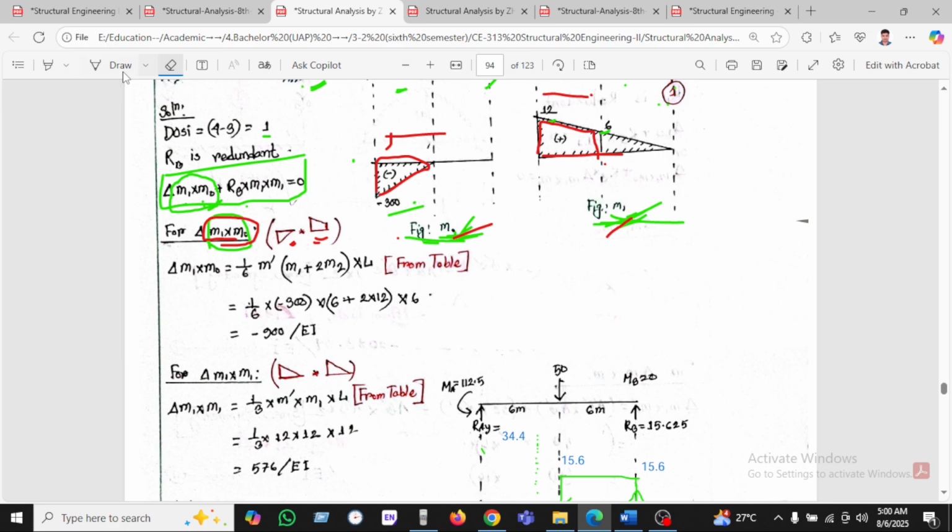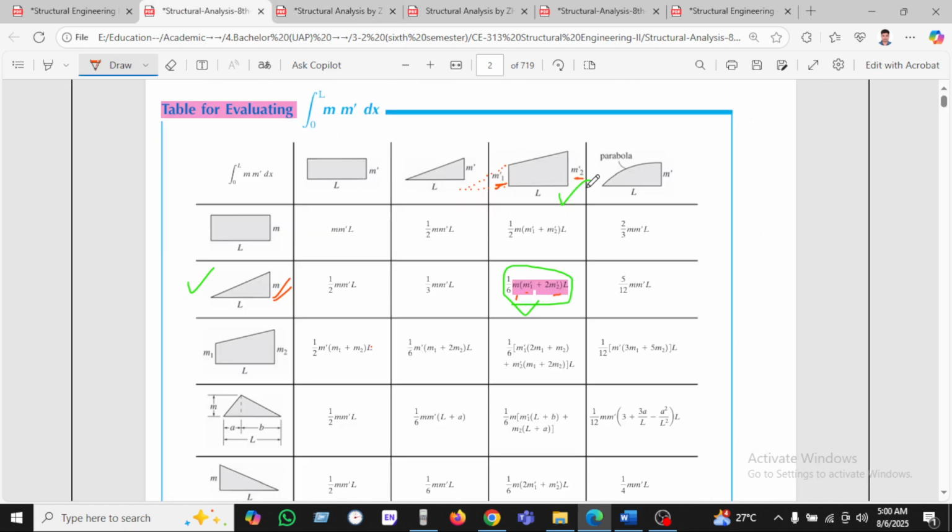That's why we are taking M prime, which is 30. M1 is this side, as we have seen, 6. This is the 6, and 2 into M2 is 12. In this portion, as we have seen, M2 is here. And M is given here, the triangular load.